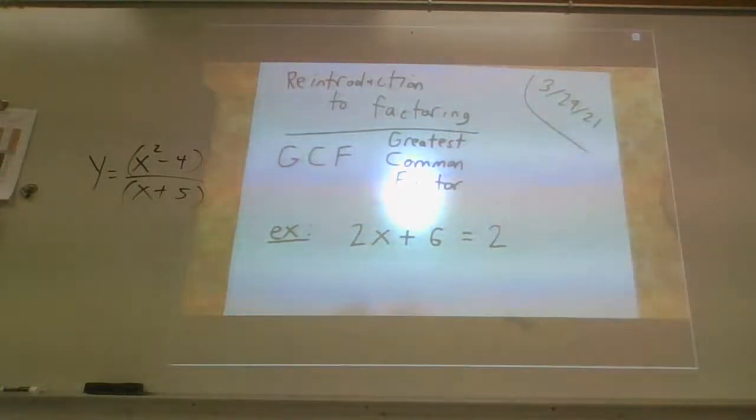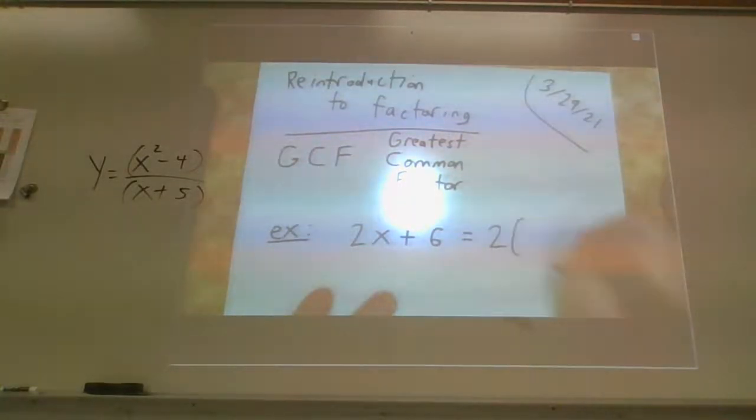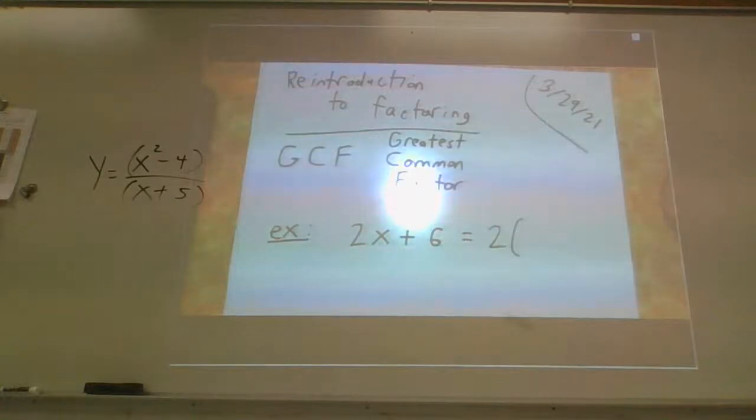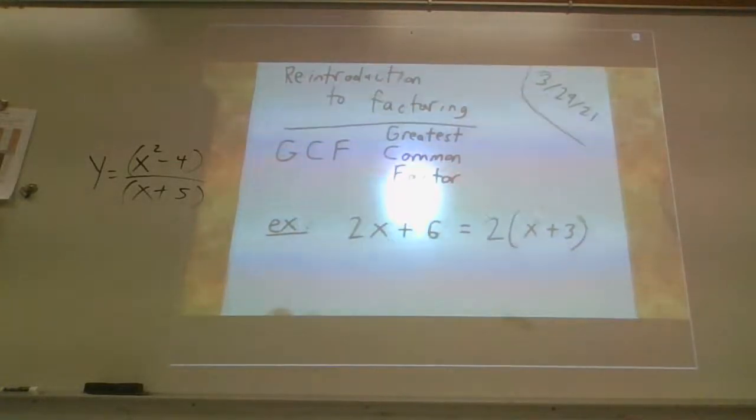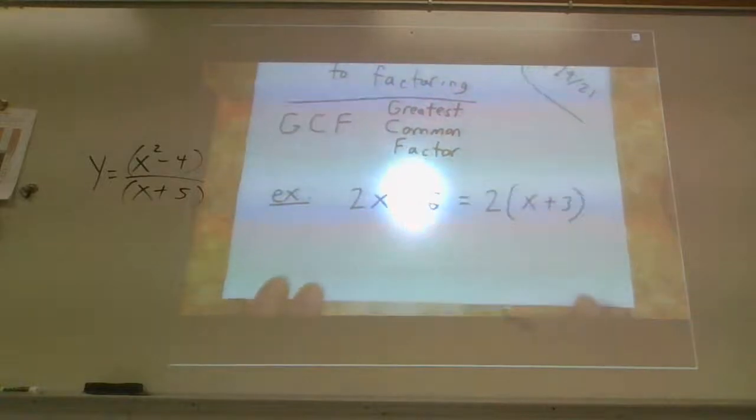So I can take that 2 and divide it out of each term, and I'm left with the following. This is now factored, solely based on this simple thing called a greatest common factor.